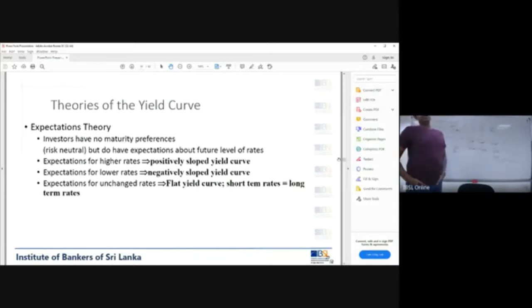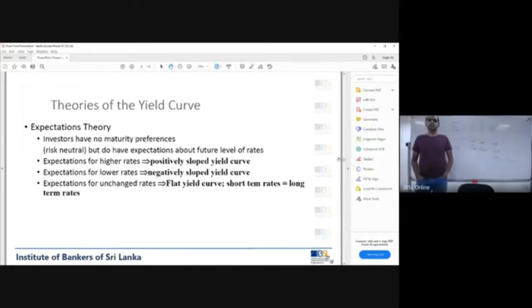Right? That's when you get a positively sloped yield curve, because you expect interest rates to go up in the future. If that is the case, you will want to borrow long term and invest short term. So short term supply is high, demand is low. Long term demand is high, supply is less.